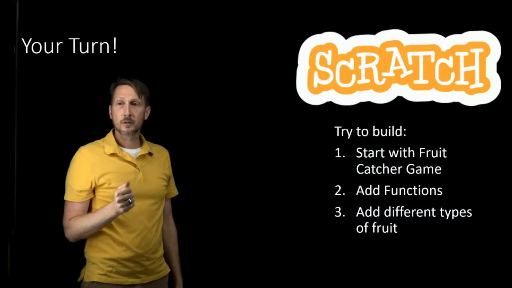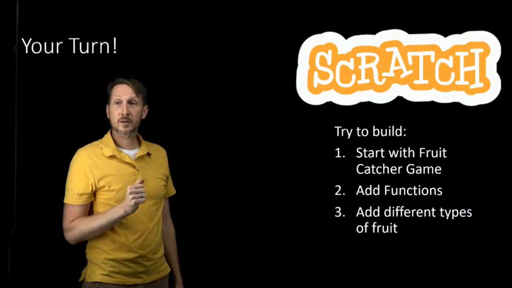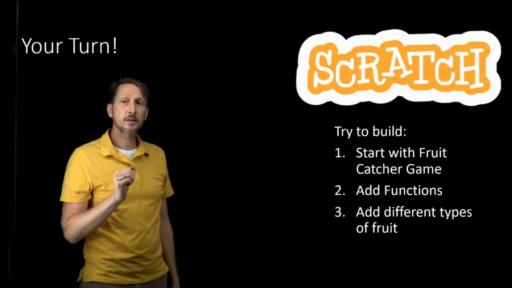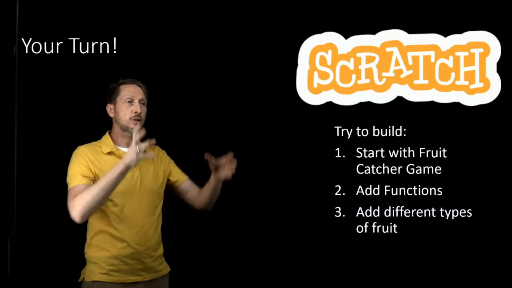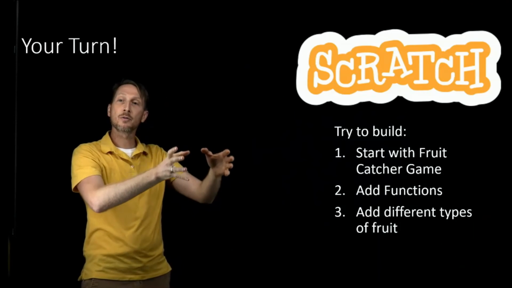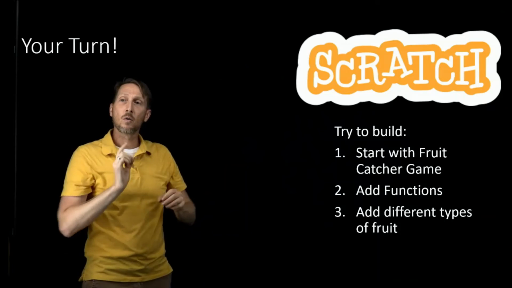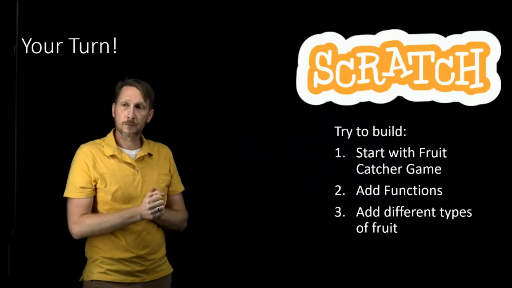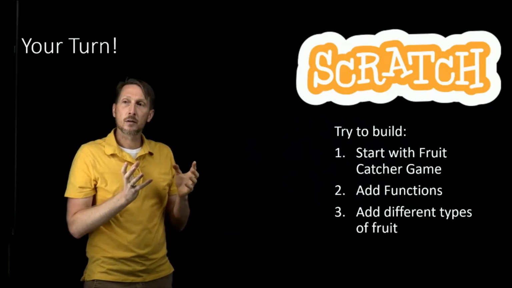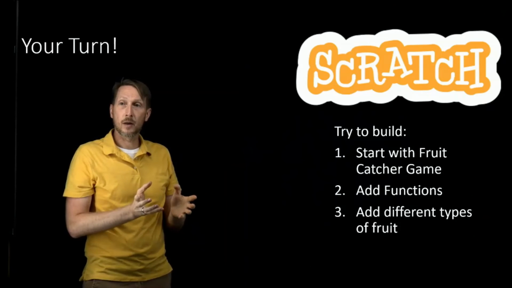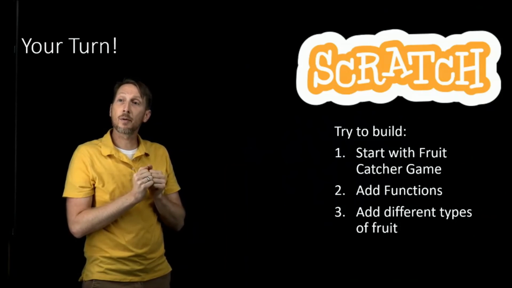Your turn. Try to build. Start with the fruit catcher game. Add some functions. This function, we were talking about how the fruit falls. There is another algorithm that scored the game and made the fruit disappear when it hit the bowl.